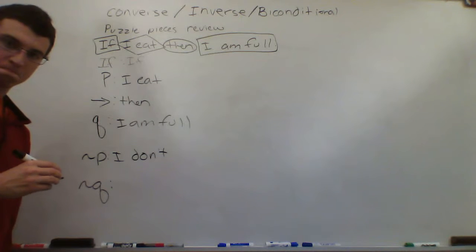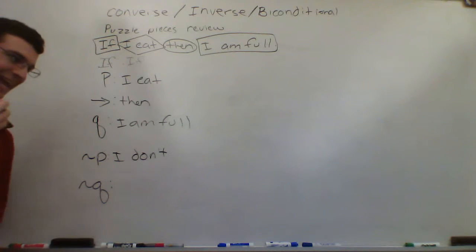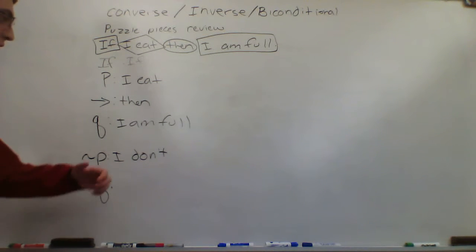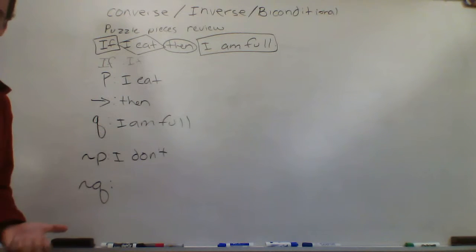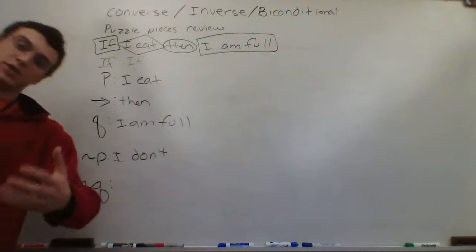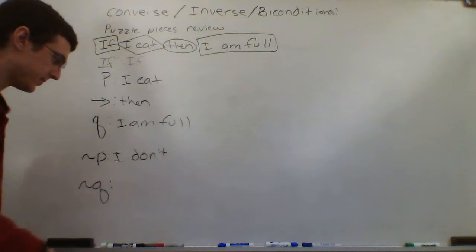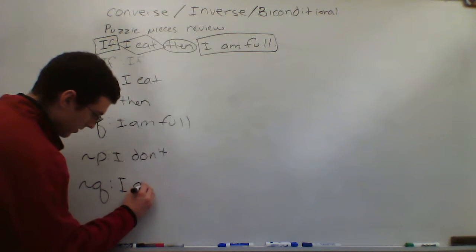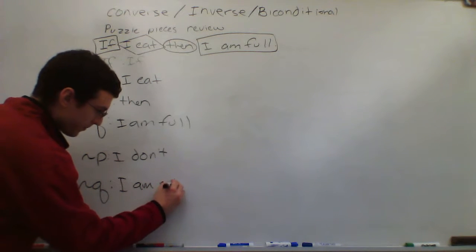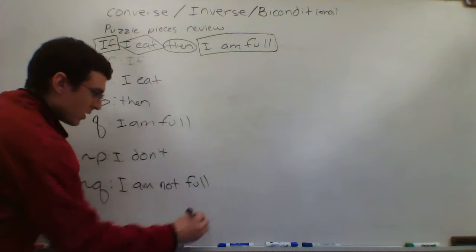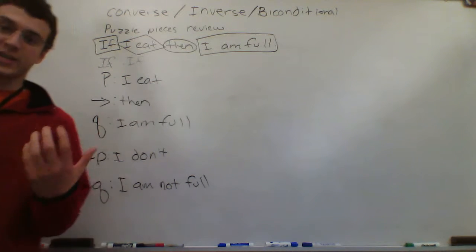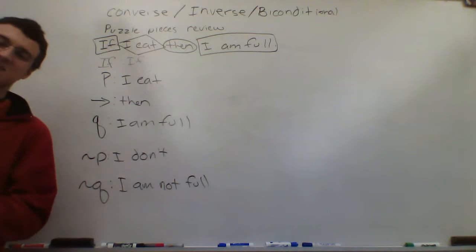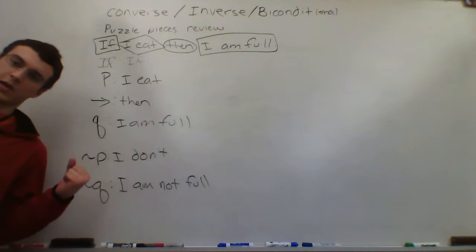Then we have our negated conclusion. Our normal conclusion is I am full, so our negated conclusion is the opposite: I am not full. So now you have your 6 pieces. This is where your life gets a lot easier. This was the hard part.